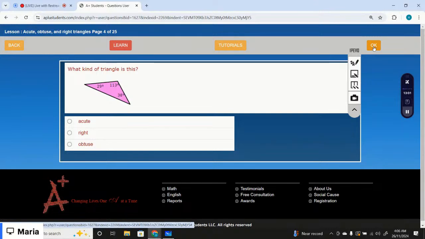So that is an obtuse triangle, right? Because one of the angles is greater than 90 degrees. So that is an obtuse triangle.